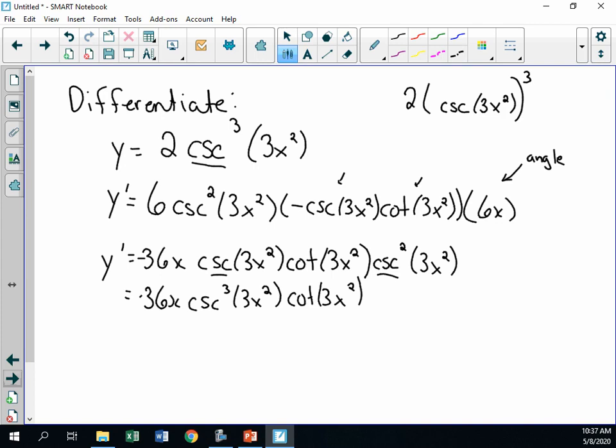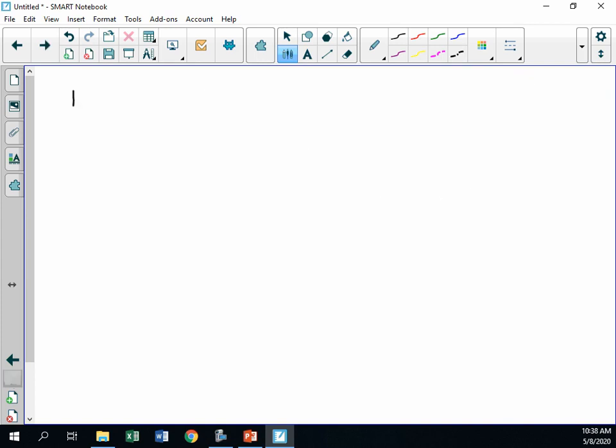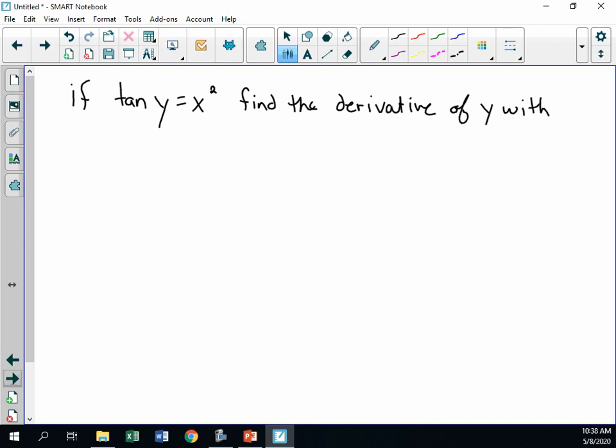Okay, so lots of stuff with these ones. Let's do one implicit with tan. Here the derivative of tan is secant squared of our angle times the derivative of the angle, right?